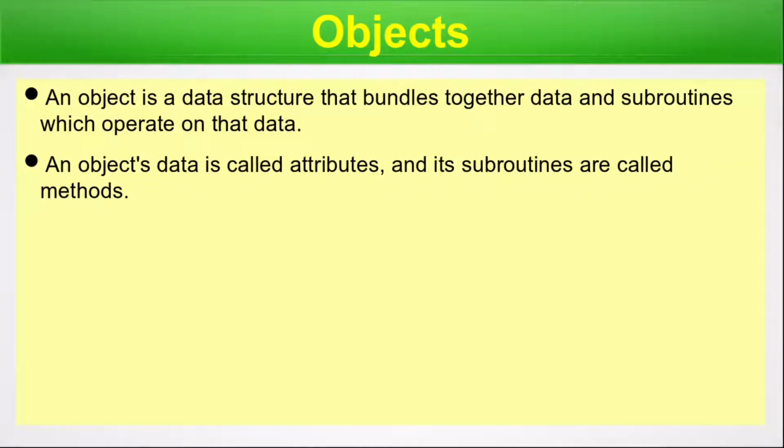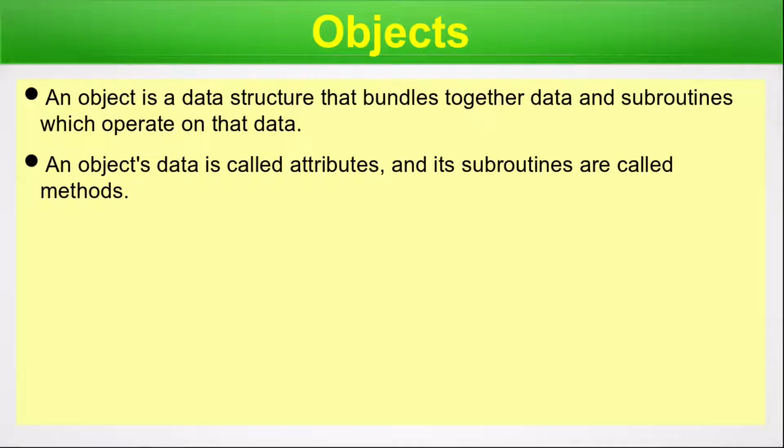Now the object's data is called attributes, and subroutines are called methods. Here in Perl we are talking, so the object's data is called attributes. The extracurricular activity I was talking about is an attribute, and a subroutine, like the question what does your father do, is a method to know the profession of your father.